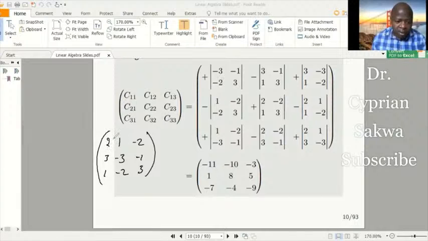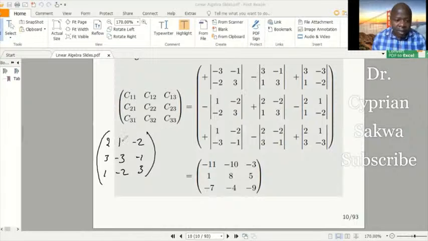To get the cofactor in this position, delete the first row and first column. We are left with this matrix: negative 3, negative 1, negative 2, 3. Find its determinant.